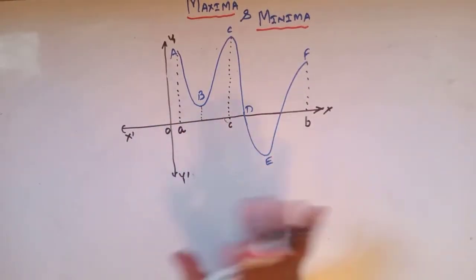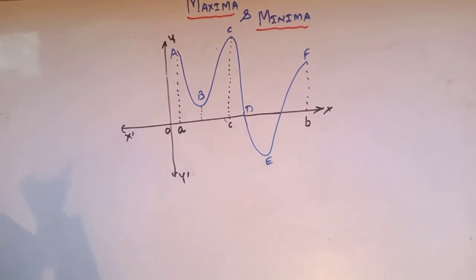Now take two points immediately to the left and to the right of this point C. Clear?